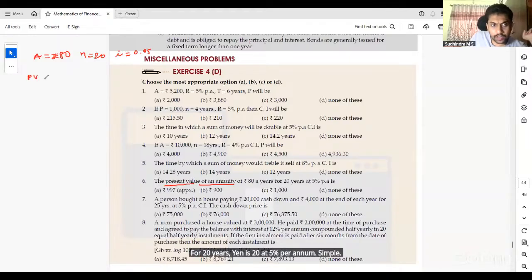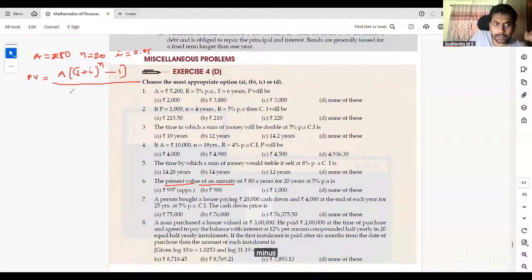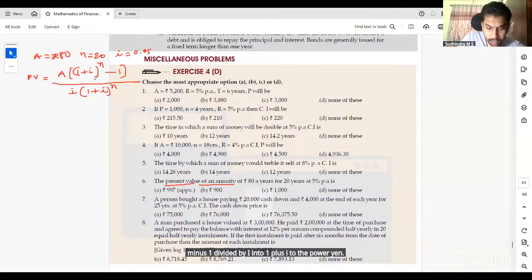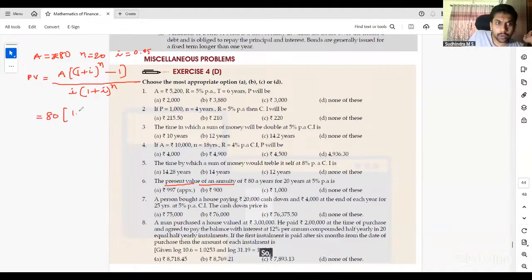So, present value of annuity regular is A into 1 plus I to the power N minus 1 divided by I into 1 plus I to the power N. Write the formula every time while solving any question on this, so that we need not learn them by heart. So, 80 into 1.05 to the power 20 minus 1 divided by 0.05 into 1.05 to the power 20.